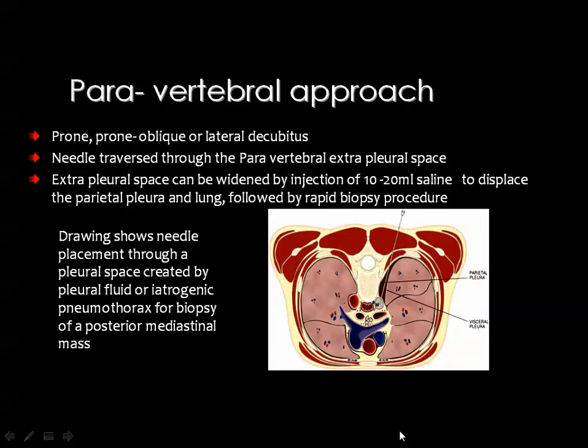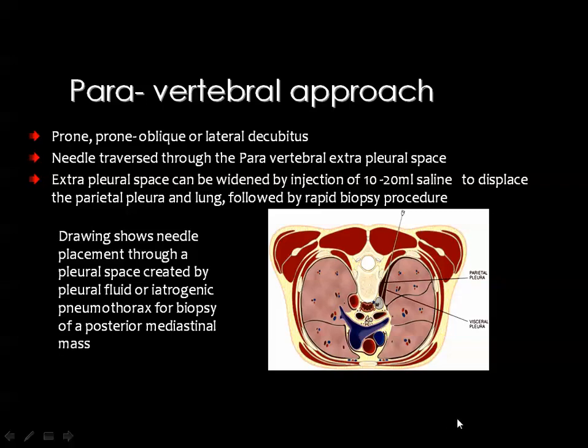Then the paravertebral approach: usually you insert your needle as close to the spine as you can, in order not to pass through the pulmonary parenchyma itself. Many times you have the costovertebral junction, and osteophytes protruding from the vertebral body, which may obstruct your needle pathway to the site of the lesion.